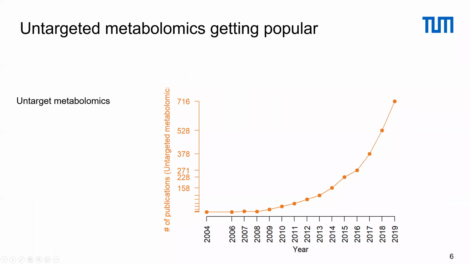So untargeted metabolomics, I think, is getting popular right now. If you search the term untargeted metabolomics, the number of related publications increases really dramatically in the last few years. Starting from 2004, there were only 2 publications, but last year there were more than 700 publications.